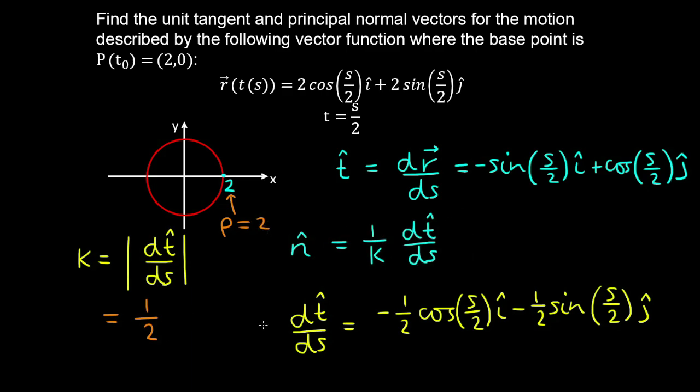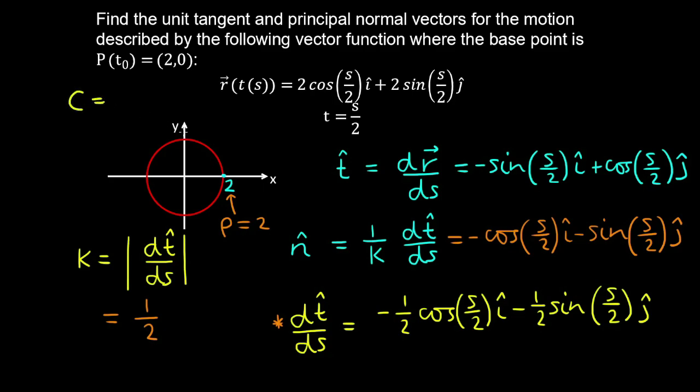So therefore, if we divide this derivative by the curvature, the 2's cancel, and we get minus cosine of s on 2 in the i direction minus sine s on 2 in the j direction. So note that the circumference of this circle is 2 pi by the radius, which is 4 pi.